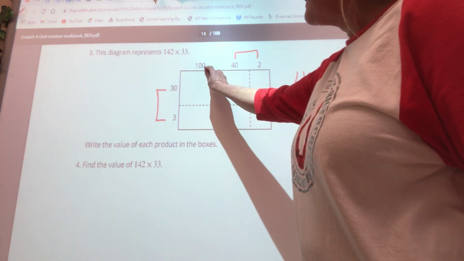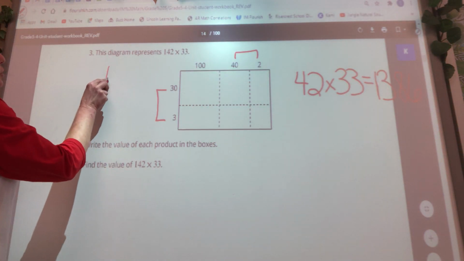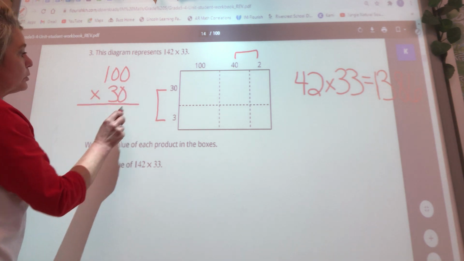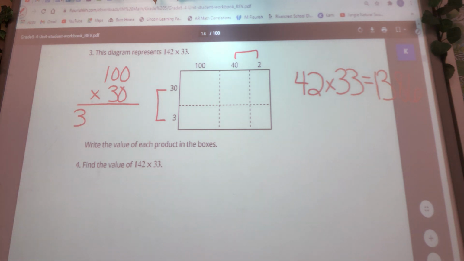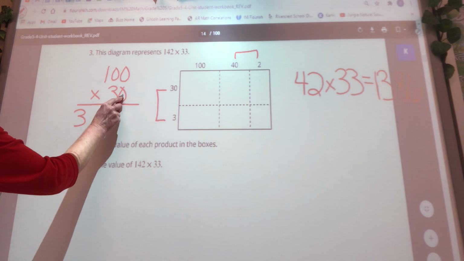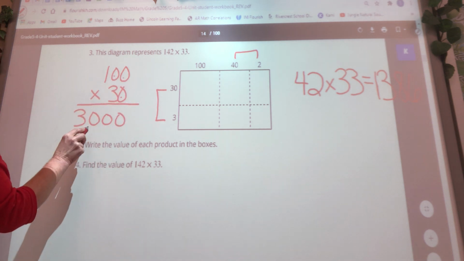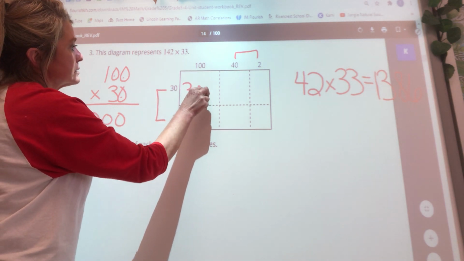So I can do 100 times 30, and if I do quick math on that, I can multiply my whole number parts. 3 times 1 is 3. And how many zeros have I not done anything with yet? 1, 2, 3. So this is going to be 3,000.